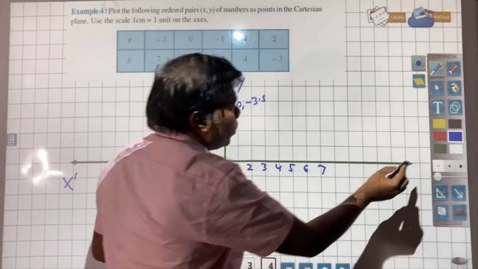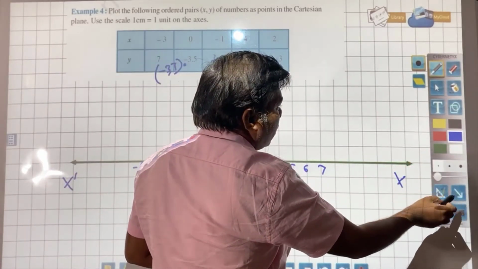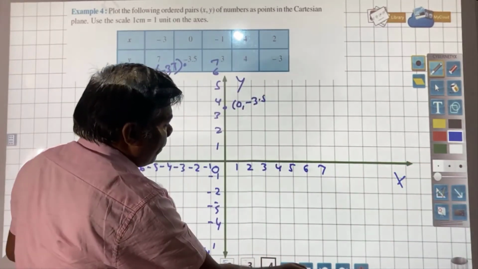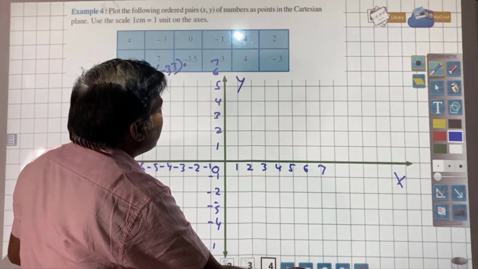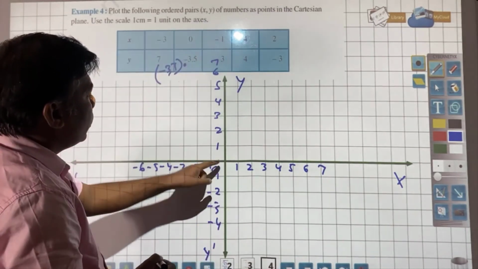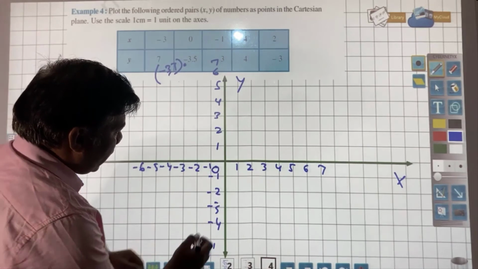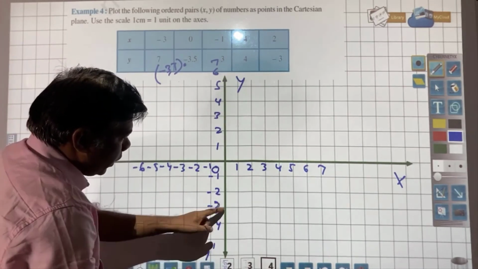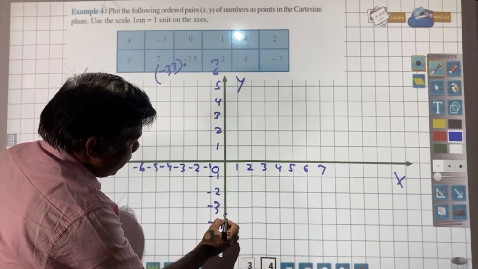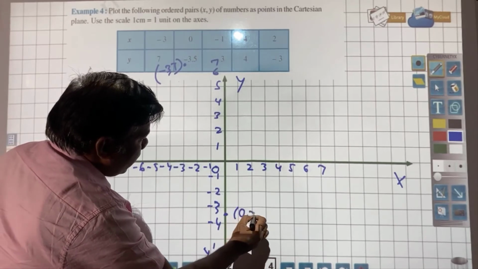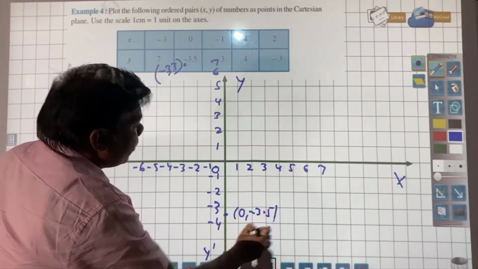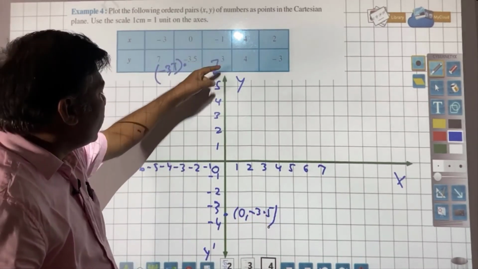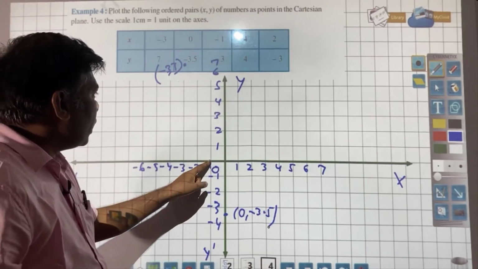Here you have 0 and minus 3.5, in between 3 and 4. So here it will be (0, -3.5). Then you have (-1, 3).